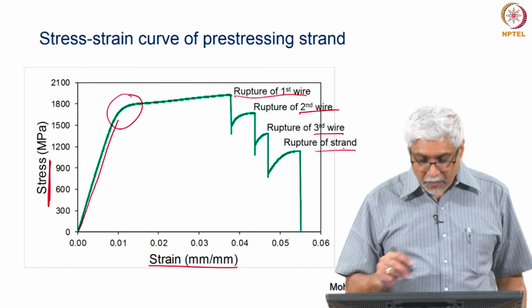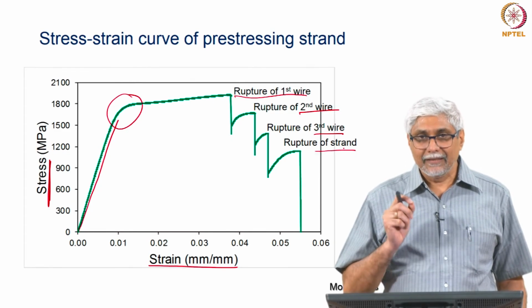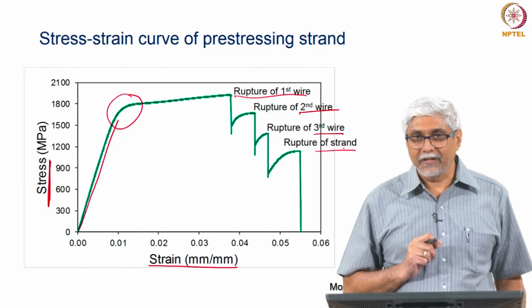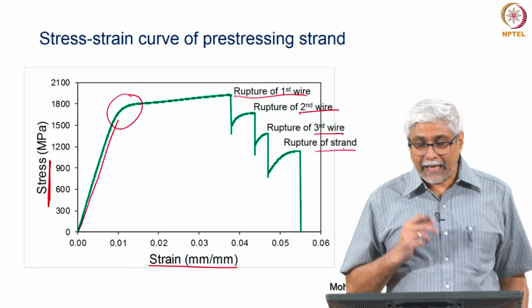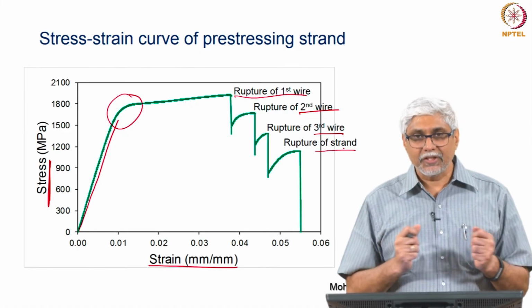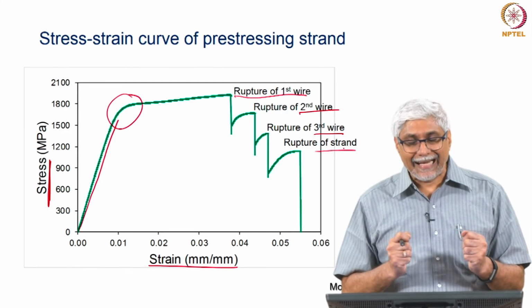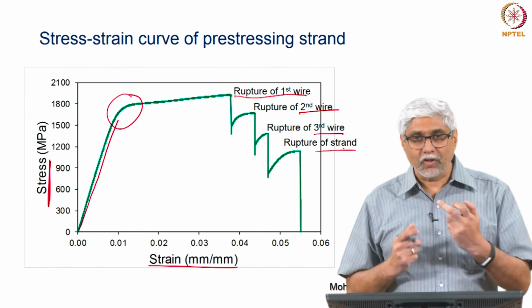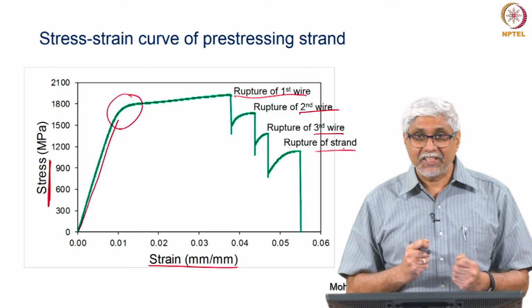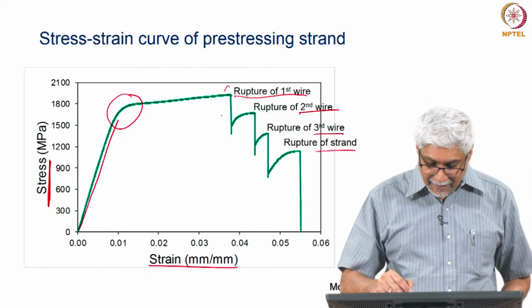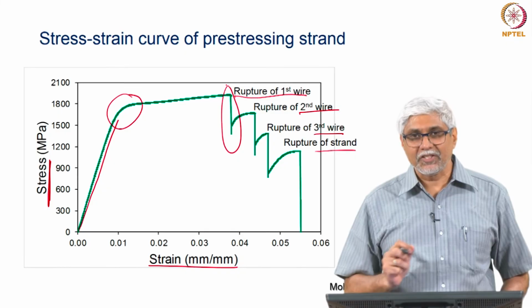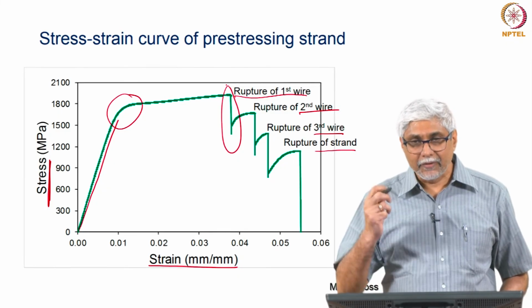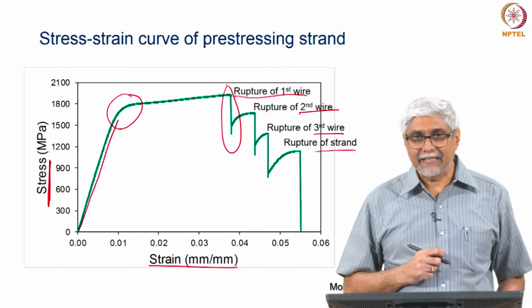So, this to me is a beautiful response showing how the behavior of the strand is as you increase the load or increase the strain. And again, for this we need a testing machine which can apply displacement at the same rate, and does not change its displacement rate or stop applying load when there is a sudden change. You see here that a wire has broken, but still the machine is able to continue the test without stopping or releasing the load completely.